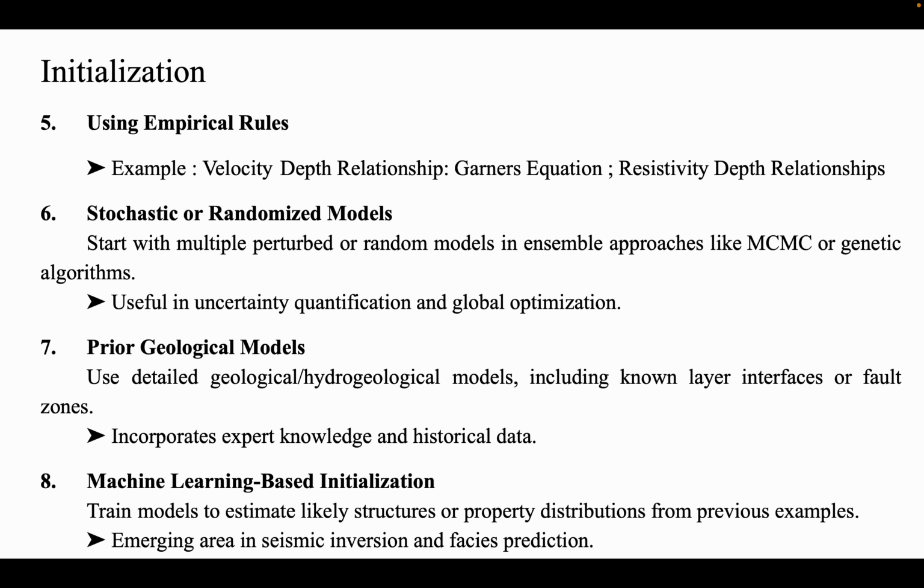Okay, when I say uniform distribution, what I mean is that if this is my probability distribution, then I say that any layer at any depth has a probability of having a velocity of, let's say, 1500 meters per second till 4000 meters per second.